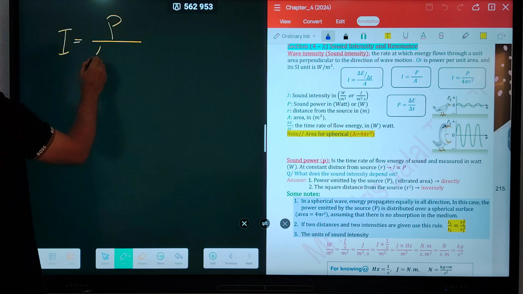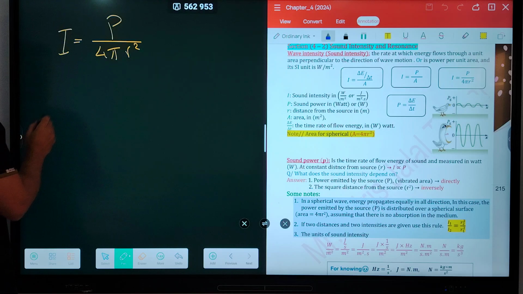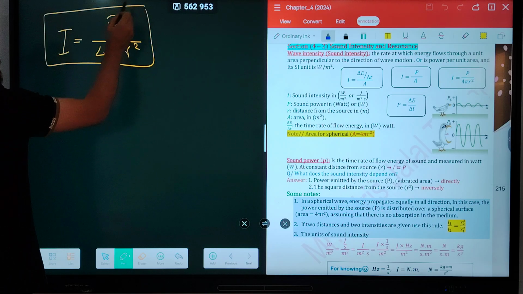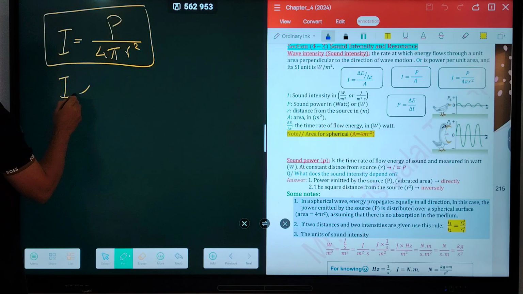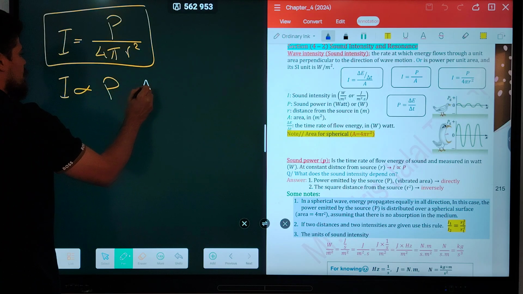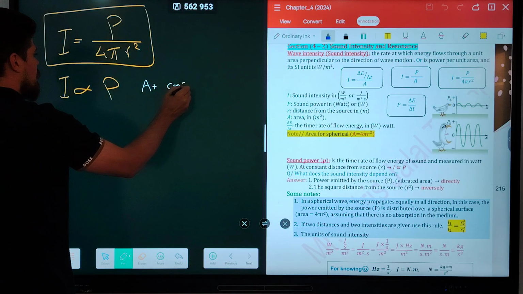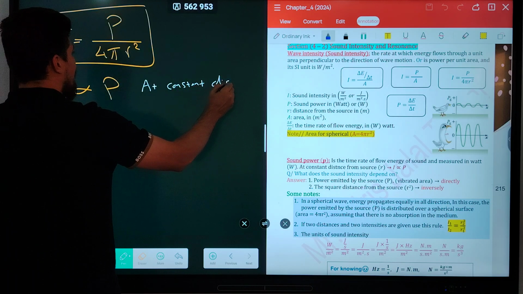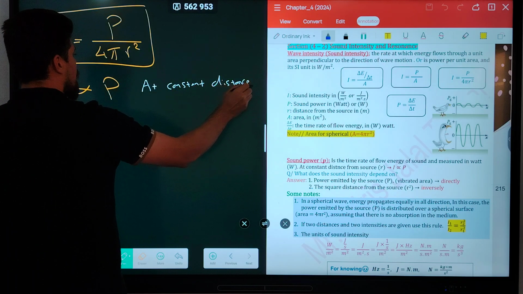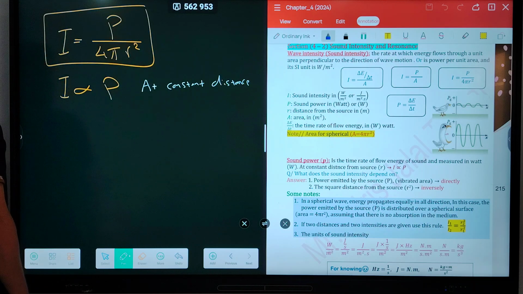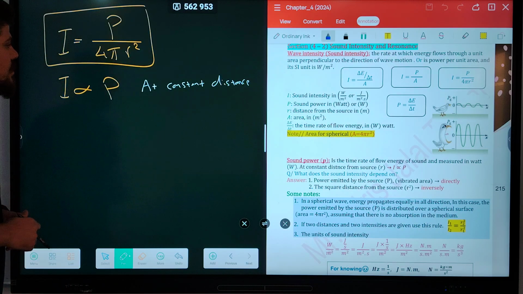According to this equation, the intensity of sound is power over 4 pi r squared. The relation between intensity of sound and power is directly proportional, but you have to say at constant distance, or at a given distance. At a given distance, intensity is directly proportional to the amount of power.